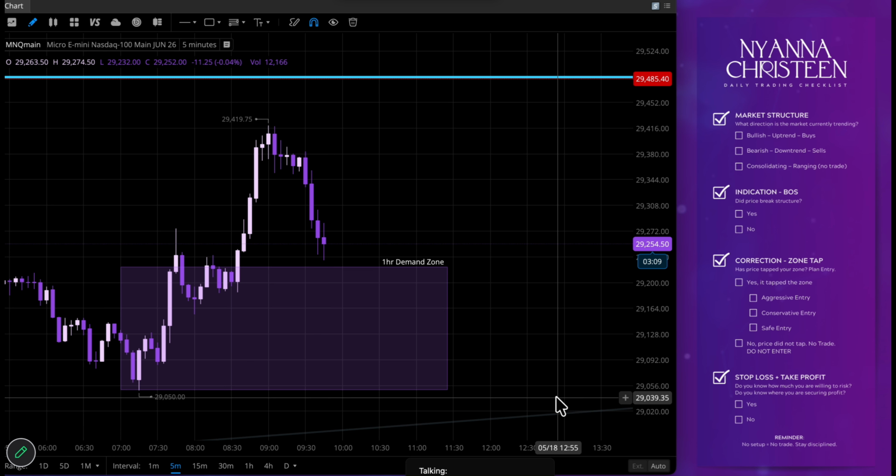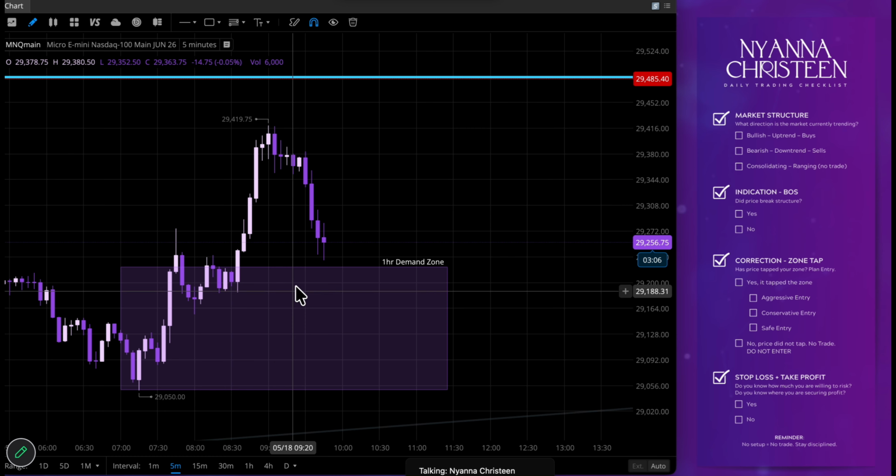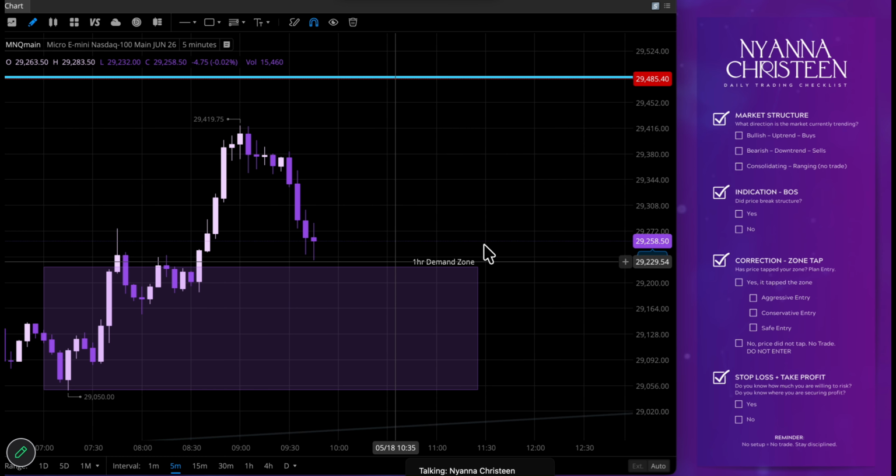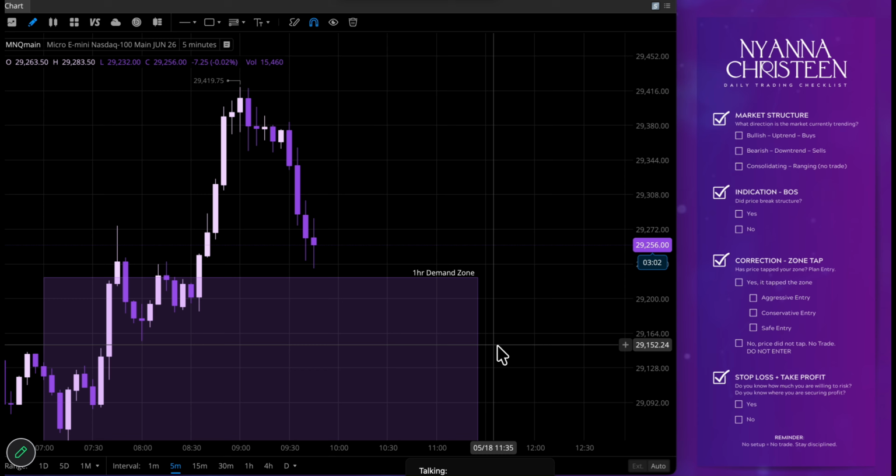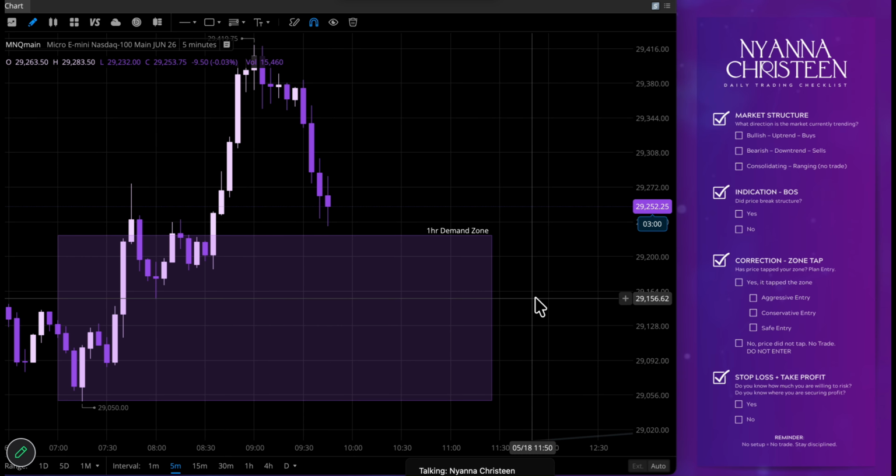Let the sellers come on, man. It's a big little zone, too. This is a big zone, too. I'm not even biting the banana for real.